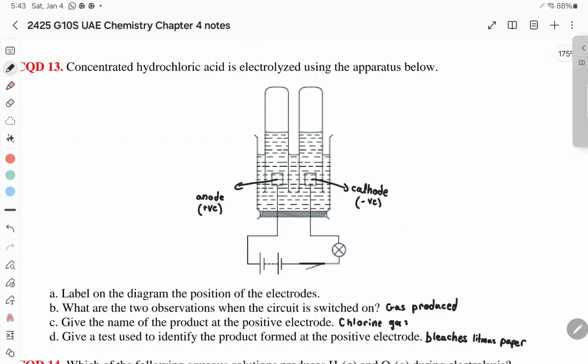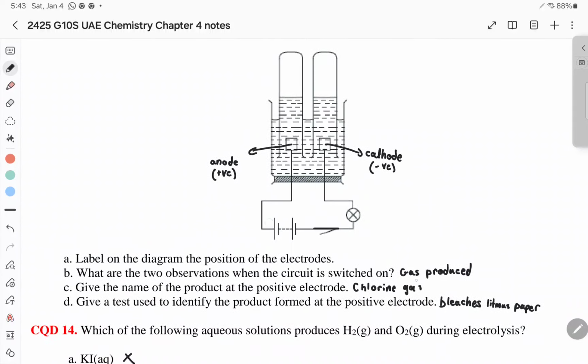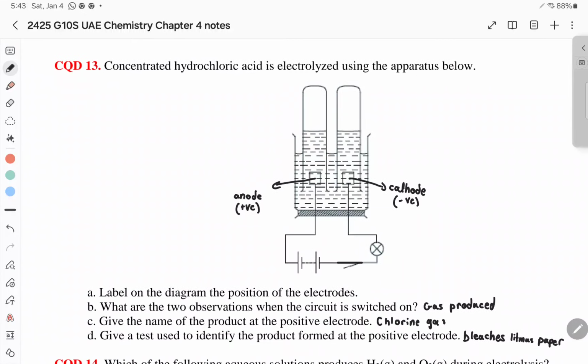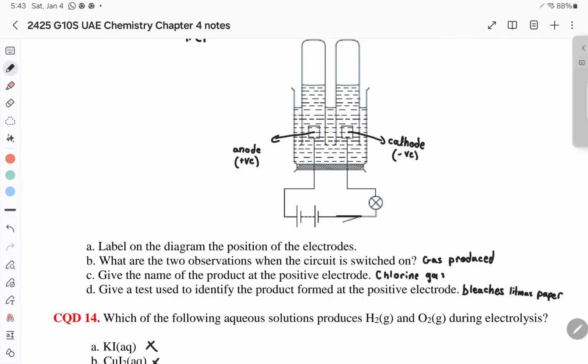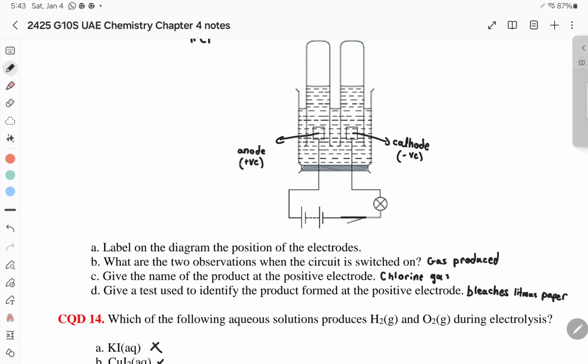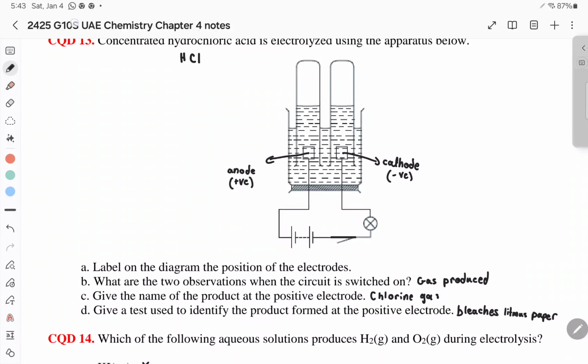So now you're going to find gases being produced. You're going to find hydrogen and chlorine gas produced. So at the positive electrode, which is the anode, what's going to form? You're going to have the chlorine gas, because we know that the anode is the positive one that will attract the negative ones.